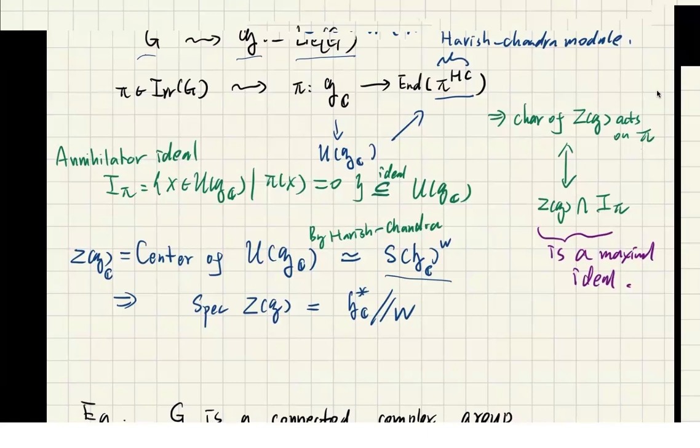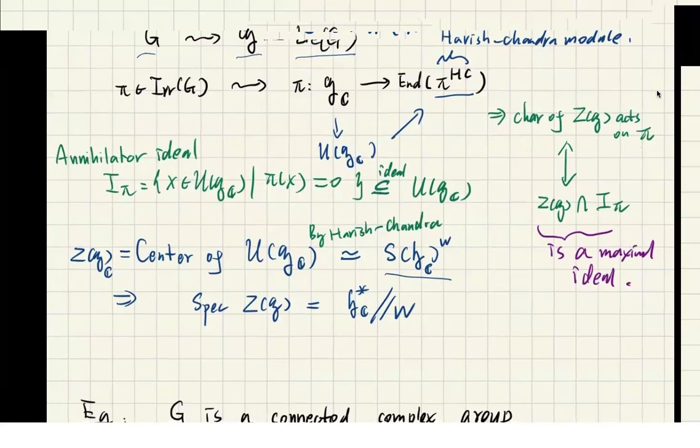So W is the Weyl group acting on the Cartan subalgebra. As a consequence, the spectrum or maximal spectrum of Z(g_C) is some kind of quotient space of h*_C divided by W. Roughly speaking, you can think of it as W-orbits on h*.